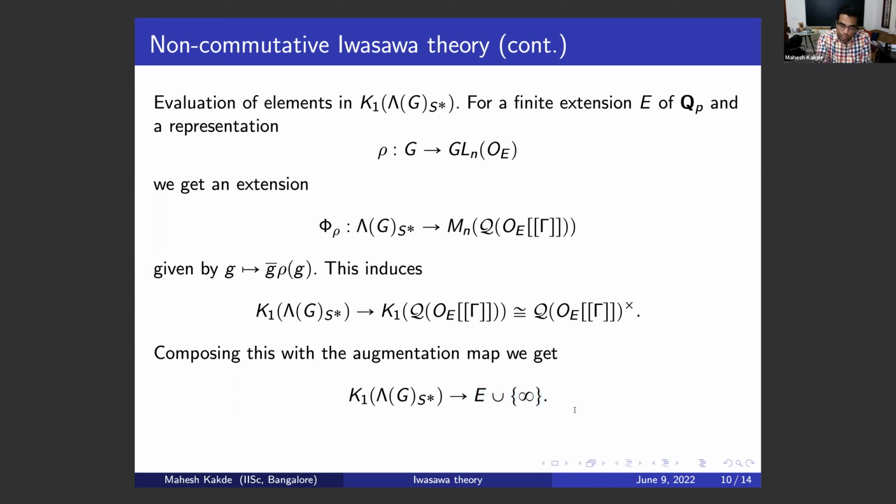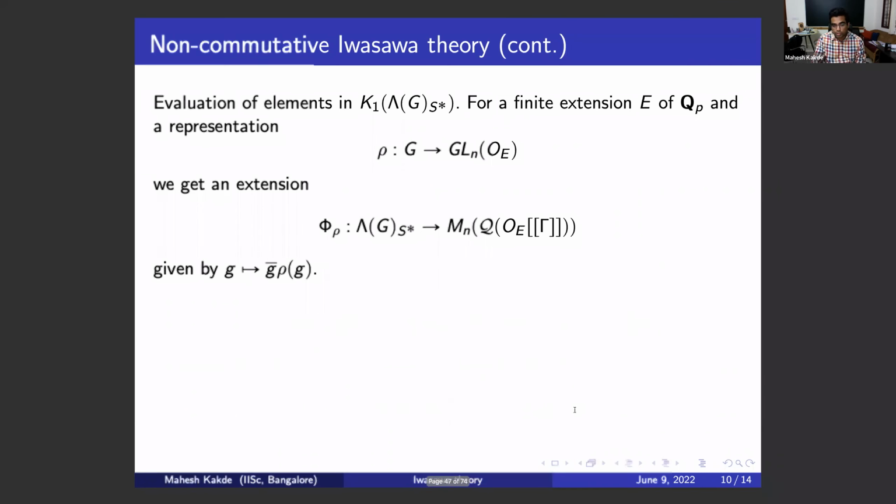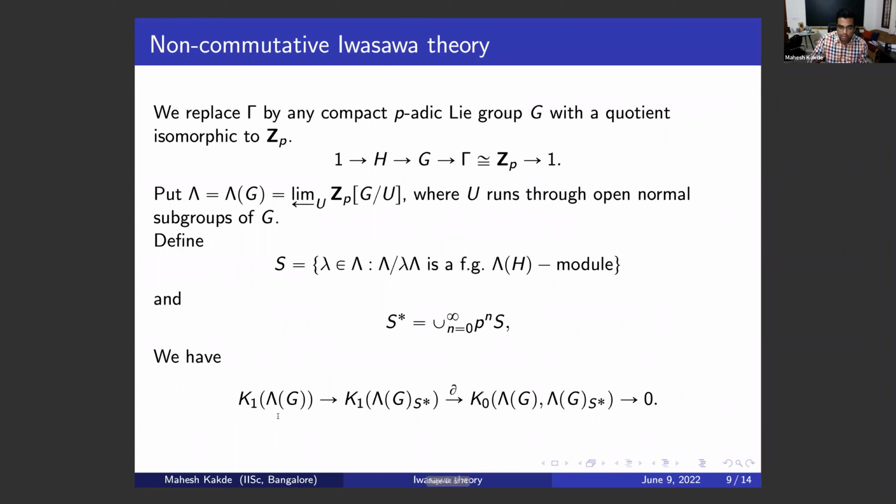Okay, so I'm not going to go into the statements that one can make in the non-commutative case. You can now imagine what a statement will look like. On one hand, you will have an arithmetic object to which you attach a characteristic element, an element in K1 of Lambda(G)_S-star.